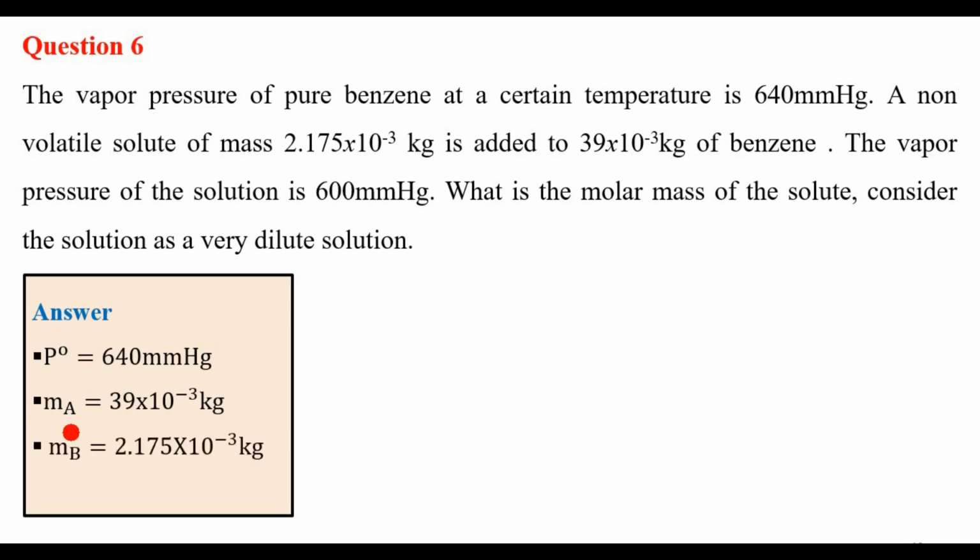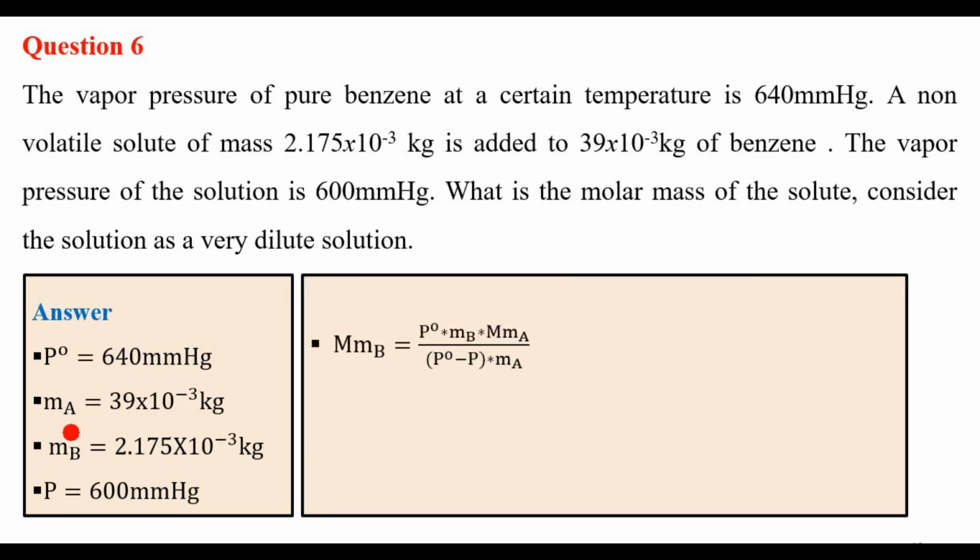We have also the mass of the solid, which is 2.175 times 10 power negative 3 kilogram. We have the vapor pressure of the solution, which is 600 millimeter mercury. Now they are asking to calculate the molar mass of the solid. We need to use the formula. This is the formula that we have derived in the previous question, question 5b.